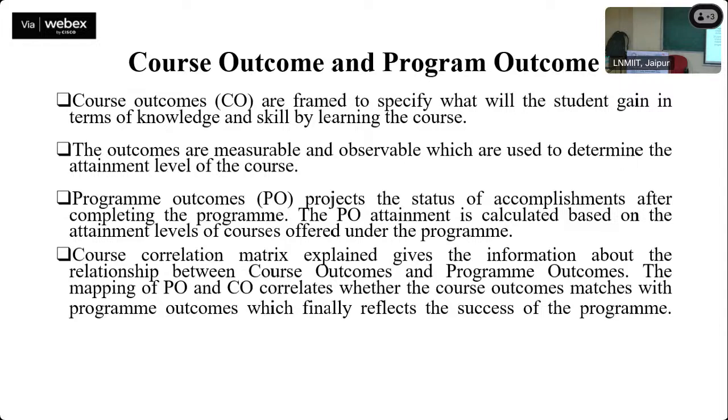The keywords are course outcomes and program outcomes. Finally we have to calculate attainment in terms of the program, that is, assess whether our program is doing well or not by some methodology, called the OBE attainment process.